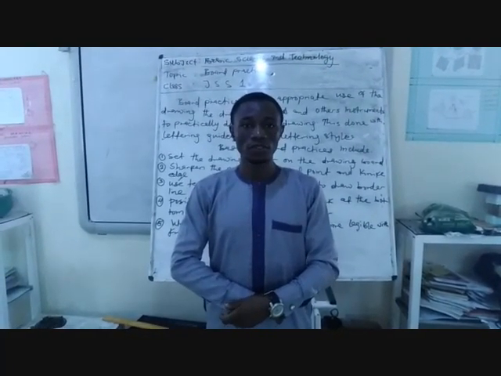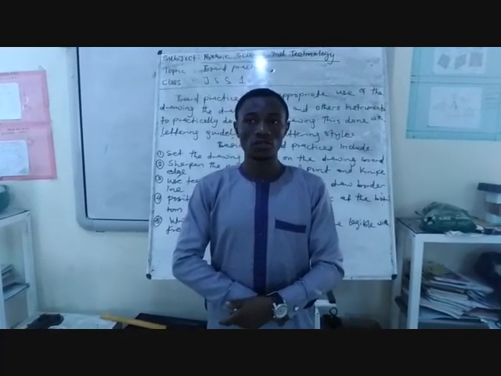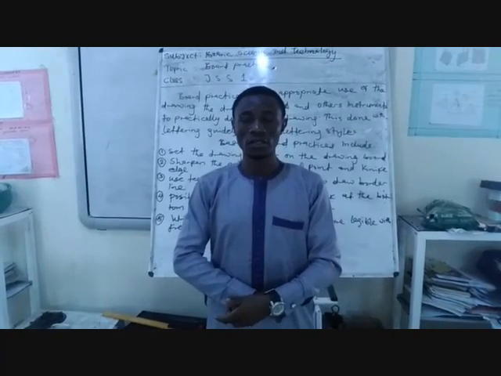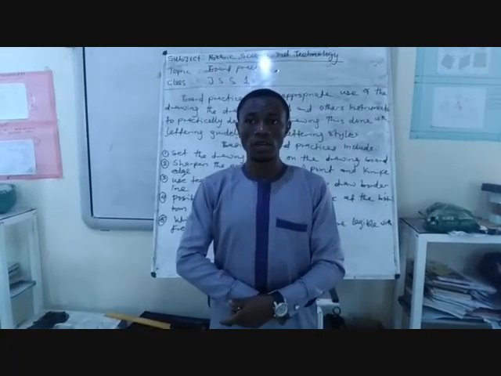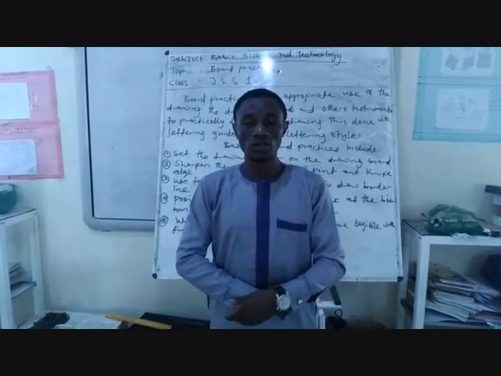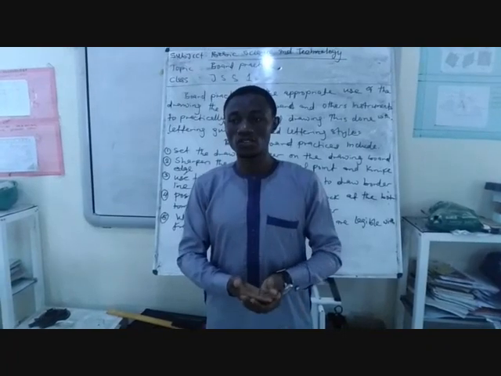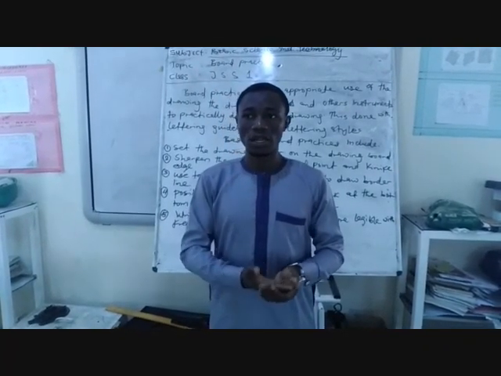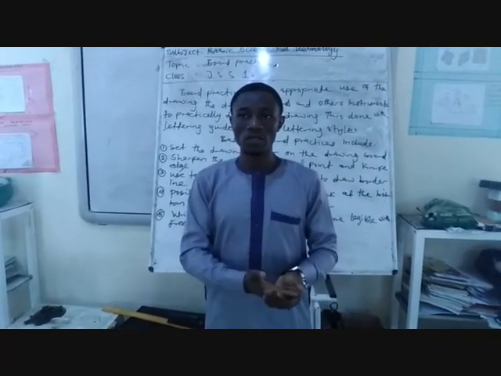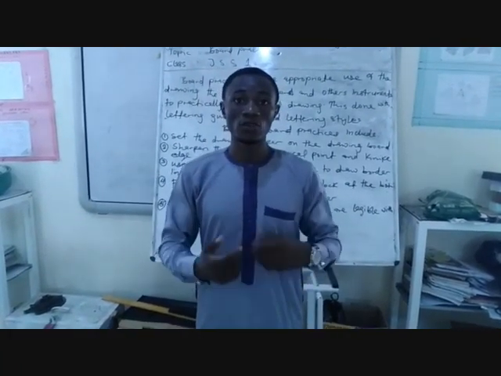In our previous class, we discussed drawing instruments and drawing materials. On that topic, we learned how to use the drawing materials and drawing instruments. We said drawing materials are the items we use that can get consumed, while drawing instruments cannot get consumed when we are using them.